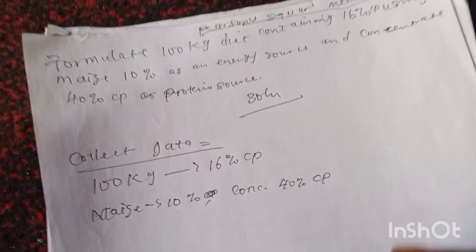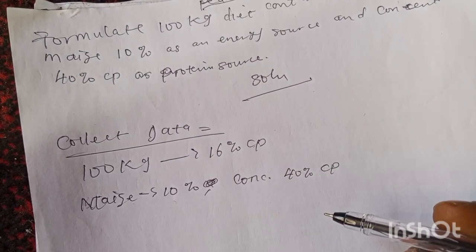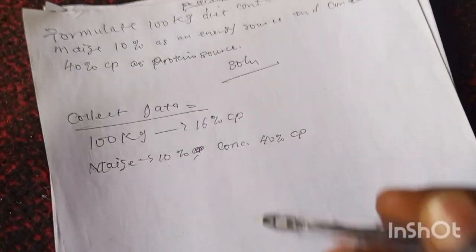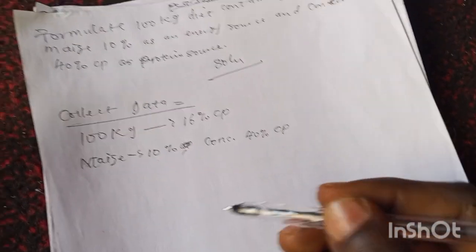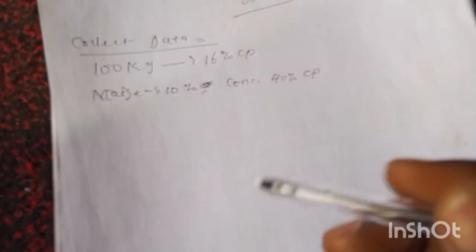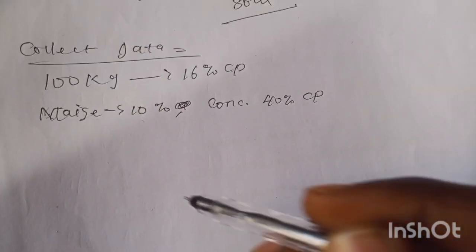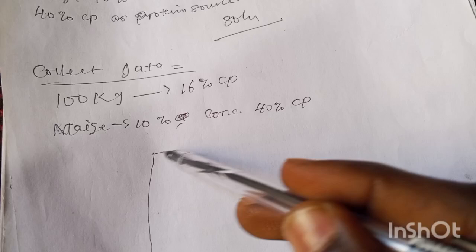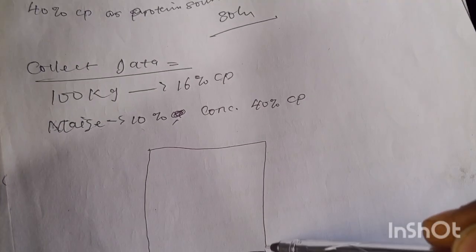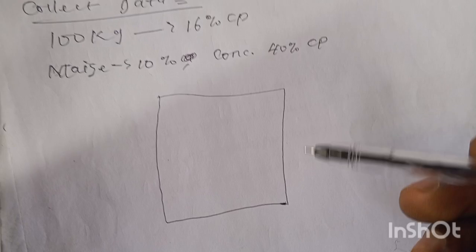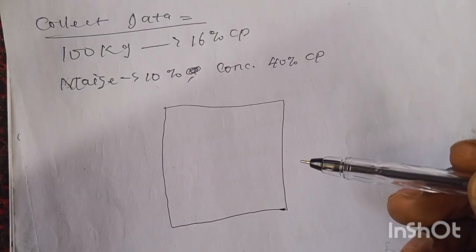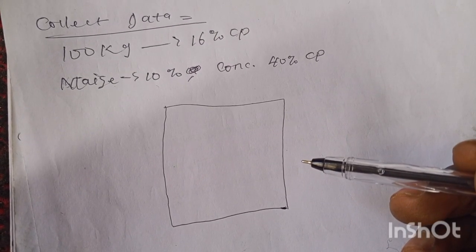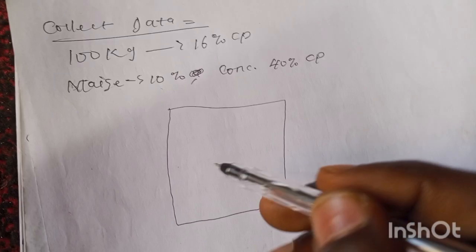Now, this is what we have here. So what are we going to do now? The next thing you are going to do, since you have already gotten your data and you know what you have, is to arrange our square diagram. So now the CP required is what? 16.